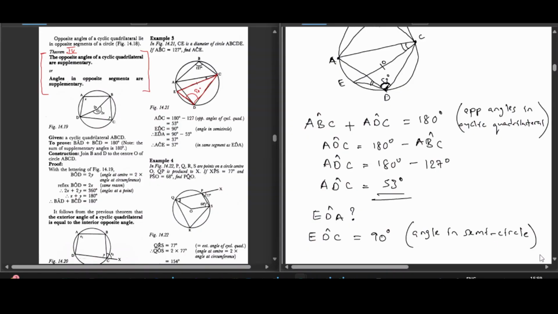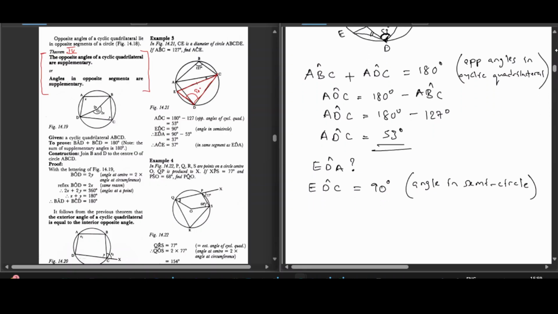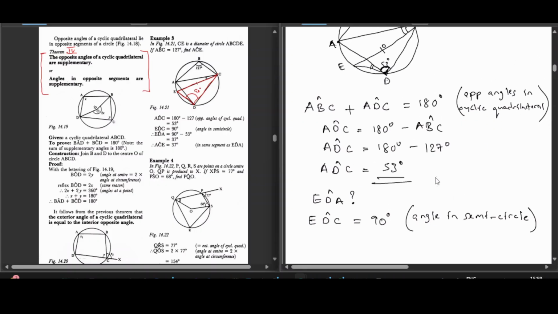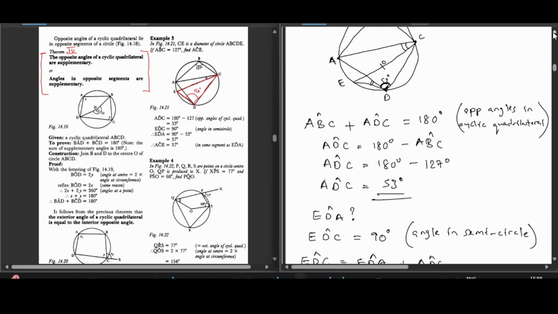Then what is going to happen next? Let us look here again. So EDC is equal to 90 degrees. But if we observe, we will see that EDC is also equal to EDA plus ADC. Let us come here. We see that we have a small angle not yet counted. Then we calculate using opposites of a cyclic quad, which add up to 180.